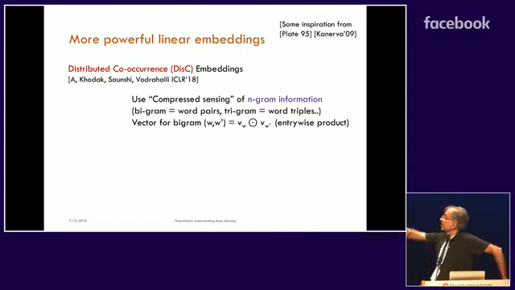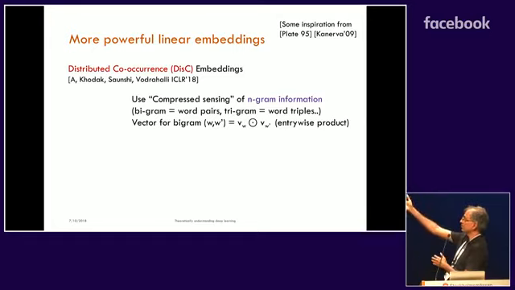And this actually drew inspiration. Again, we were rediscovering things, and we discovered there were some related ideas in the theory of distributed representations. This is neural theory, for the brain, and people study distributed representations, and there are these classic papers. So with distributed co-occurrence embeddings, instead of a bag of words vector, it's going to do compressed sensing of n-gram information.